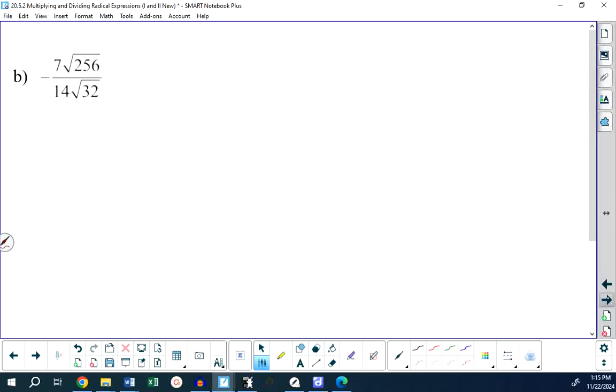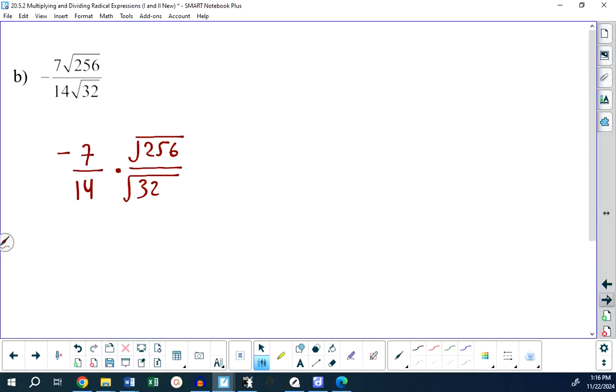Negative 7 root 256 over 14 root 32. Well, the negative, let me break this down for you. Am I allowed to think of it this way? Well, of course I am, because when you multiply fractions, you multiply across the top and across the bottom.